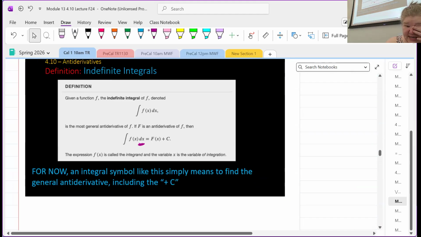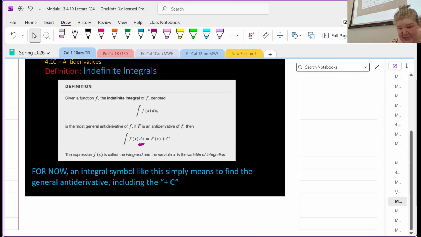So for now, this integral symbol just means do the antiderivative and put the plus c at the end.